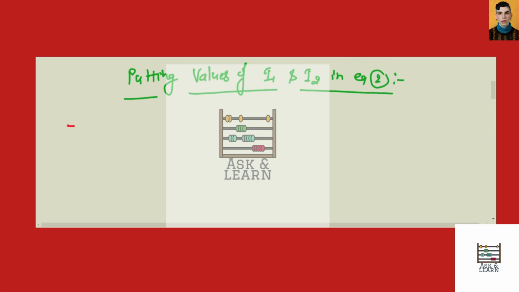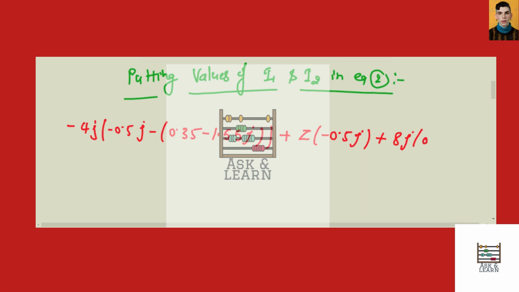So now what we will get is minus 4j into minus 0.5j minus of 0.35 minus 1.55 into j plus Z into minus of 0.5j plus 8j into minus of 0.5j is equal to 0.